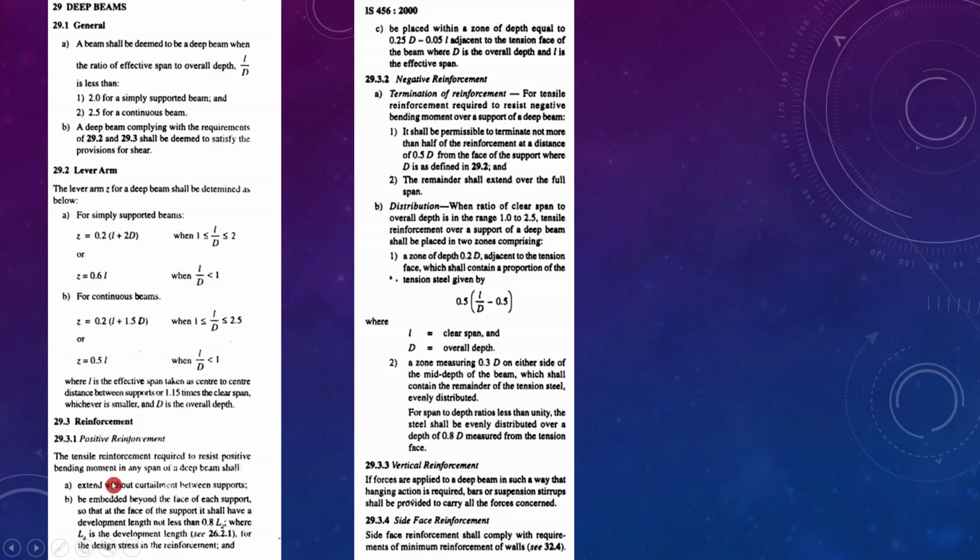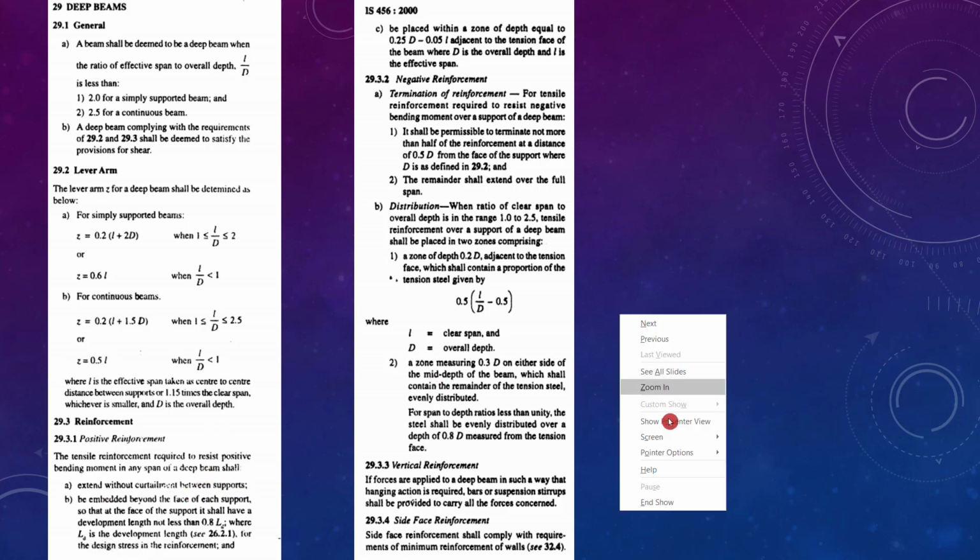In the slide, you can see clause 29.3.1, positive reinforcement. I'll read out the clause. The tensile reinforcement required to resist the positive bending moment in any span of a deep beam shall extend without curtailment between the supports.